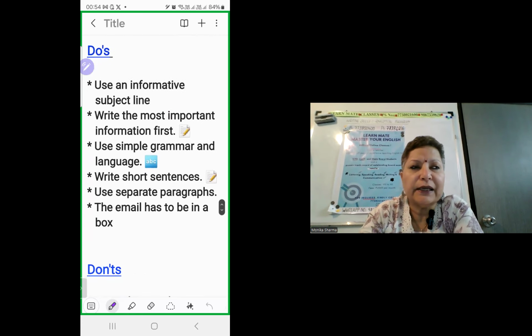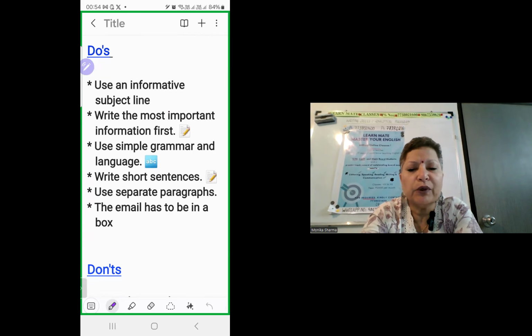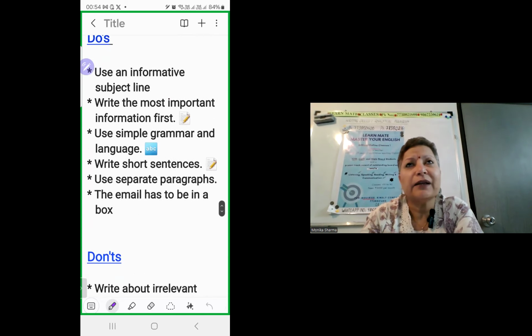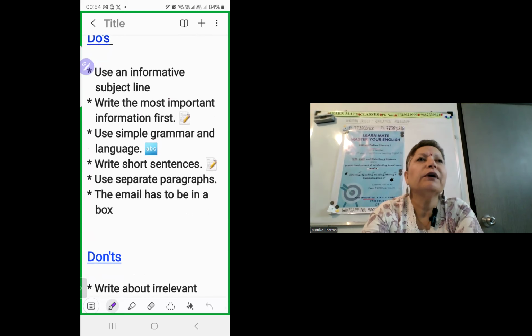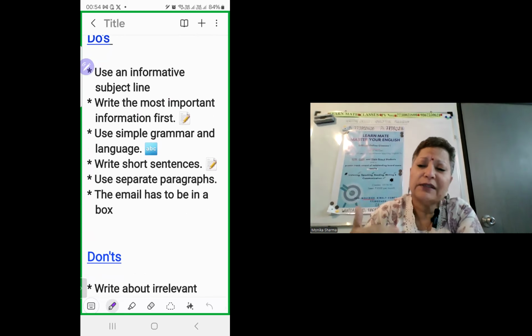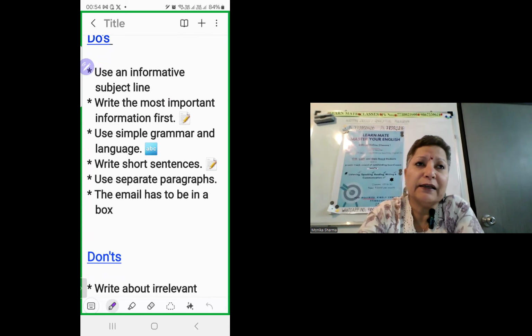Use simple grammar and language. You do not need to make it very verbose using very high sounding words. Just make it simple because it is just a way of communicating whatever your request is. Write short sentences. In fact, short sentences are a blessing for any kind of writing skill, because if you add too many clauses in a sentence, it becomes very difficult to connect to the first part of the sentence.